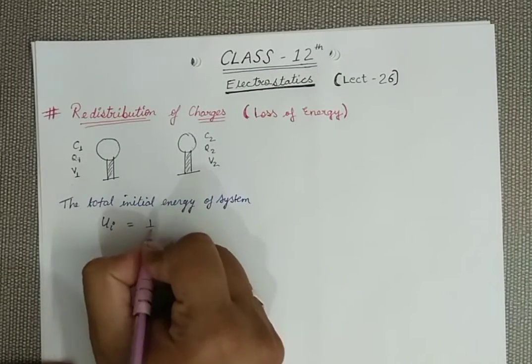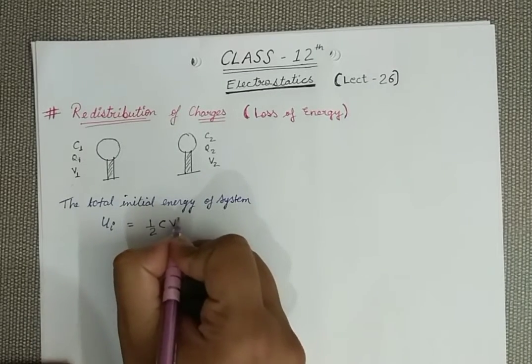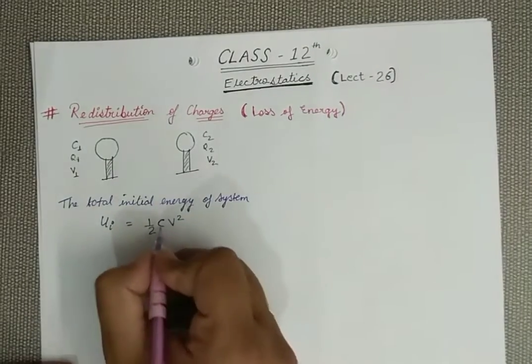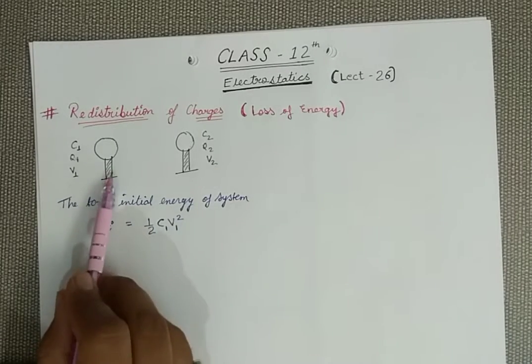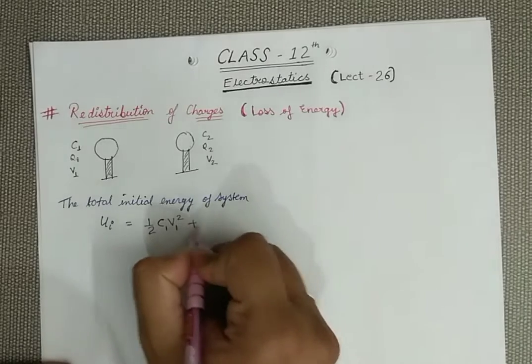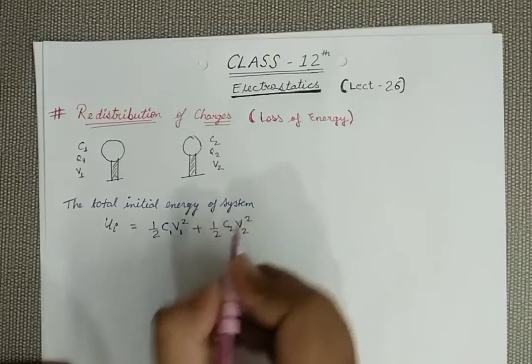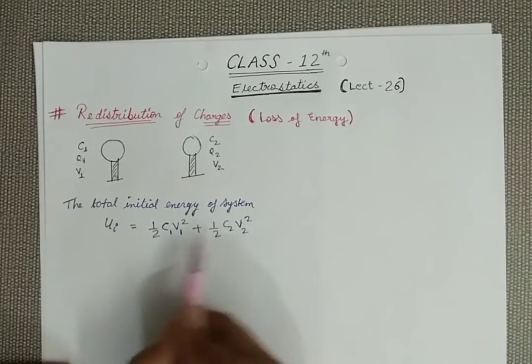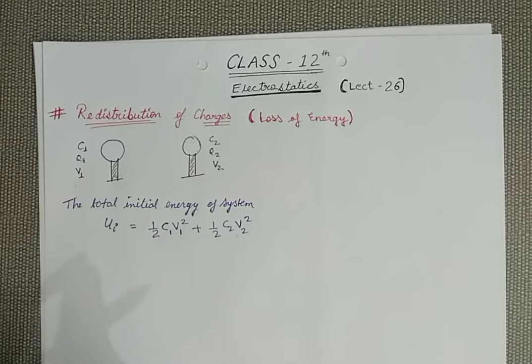If you remember, in my previous class we studied that energy equals half CV square. So I write half C1 V1 square, this is the energy of the first capacitor, plus half C2 V2 square, this is the energy of the second. Adding these two gives me the initial energy. So this is my initial energy.